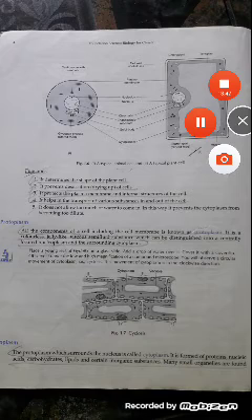Next comes Golgi body. Golgi body was first discovered by Camillo Golgi. Golgi bodies, or Golgi complex, are formed by stacks of flattened membranes or flattened sacs called cisternae.